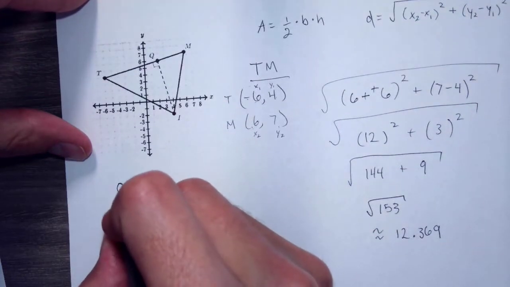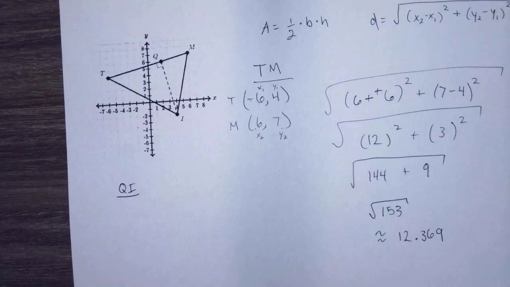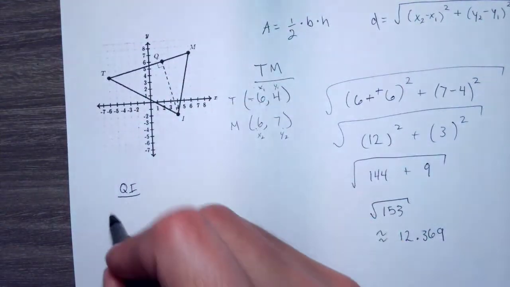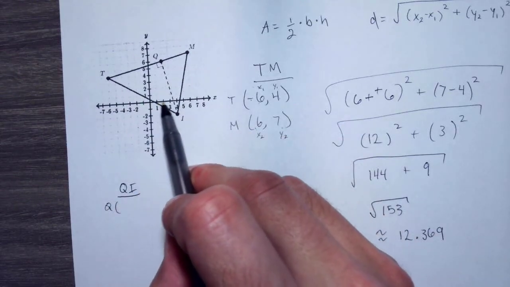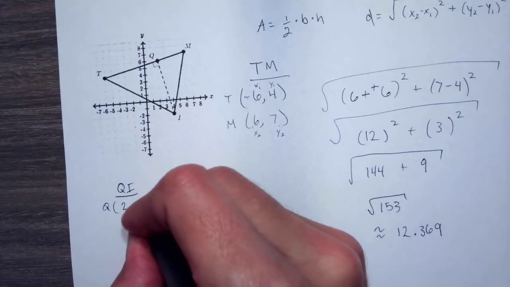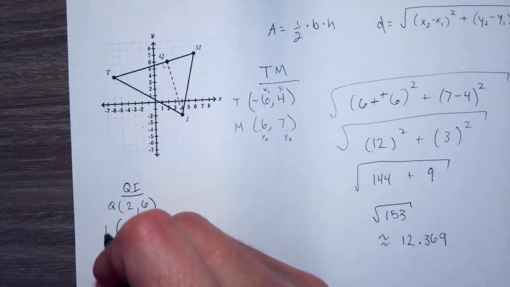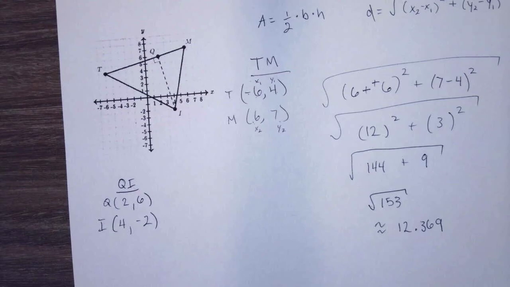So I'll write that here. Write down the ordered pairs. So Q I'll write down first. That's 2, 6, and then I is 4, -2.